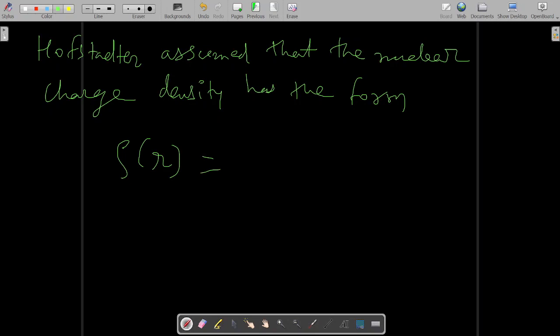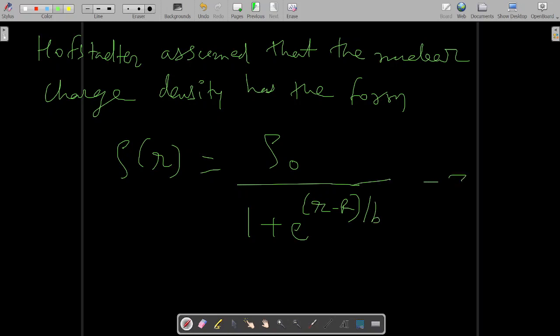This is the form rho equals rho naught divided by 1 plus e to the power (r minus R) divided by b. This is your equation number 3.